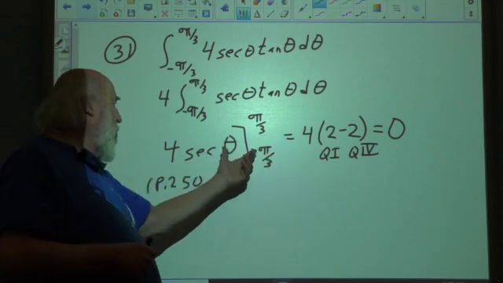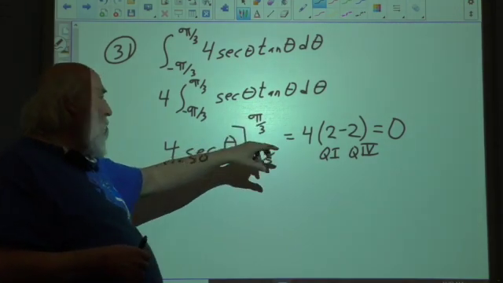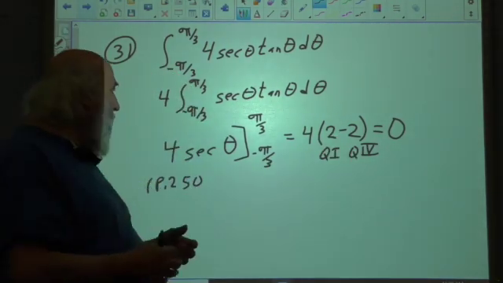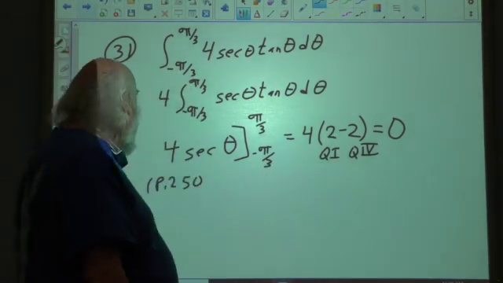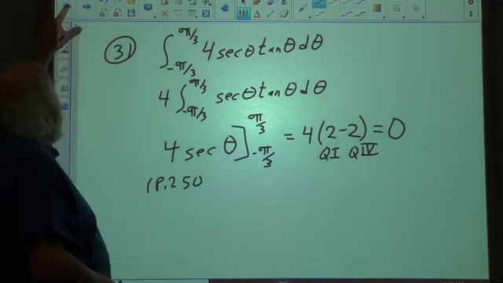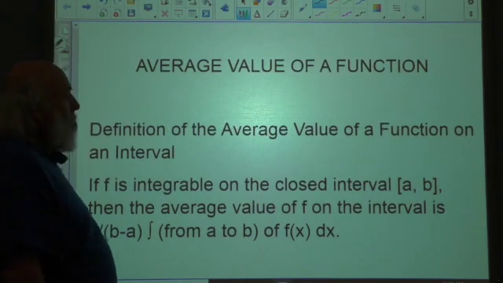And we know they're both positive because that's the first one and the fourth one. So this is 2 minus 2 because you're subtracting b minus a, and that would give you 0 for an answer.